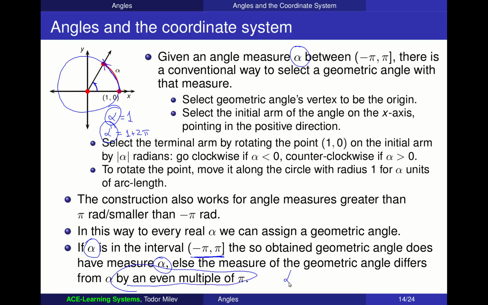So if alpha and alpha prime result in the same geometric angle, that means that their difference, alpha minus alpha prime, must be a multiple of 2 pi, which is the same thing as saying an even multiple of pi.